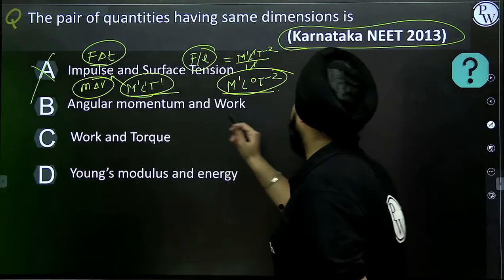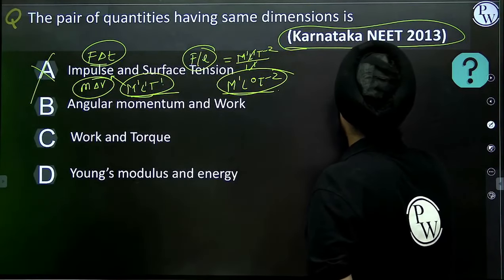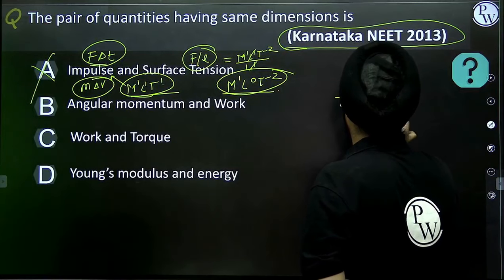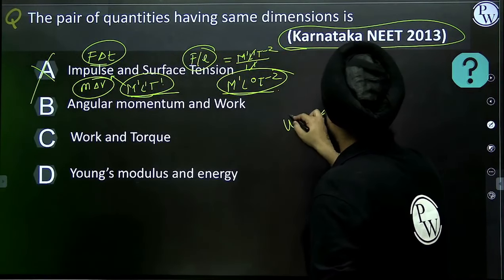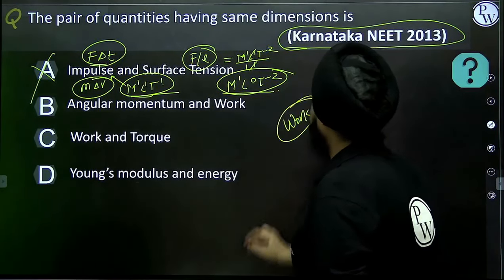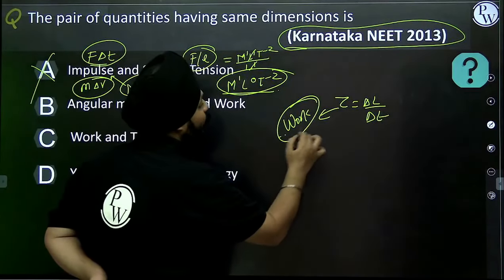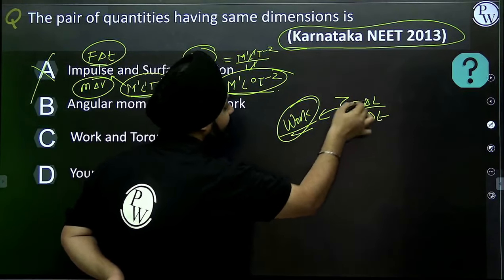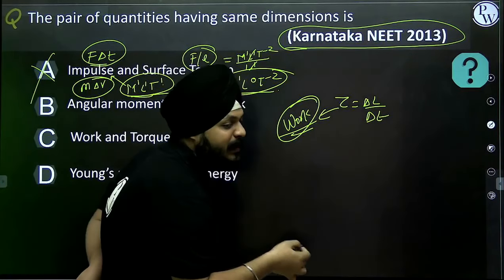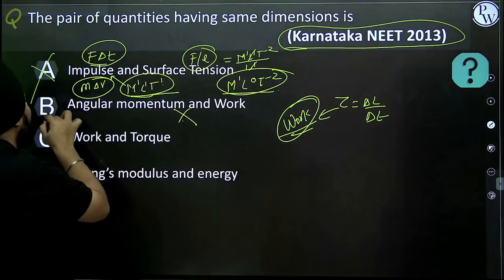Angular momentum and work. Torque, that is change in angular momentum by change in time. Dimensions of torque, that is equivalent to dimensions of work. If it is change in angular momentum with respect to time, then how are these two things going to be equal? Wrong.